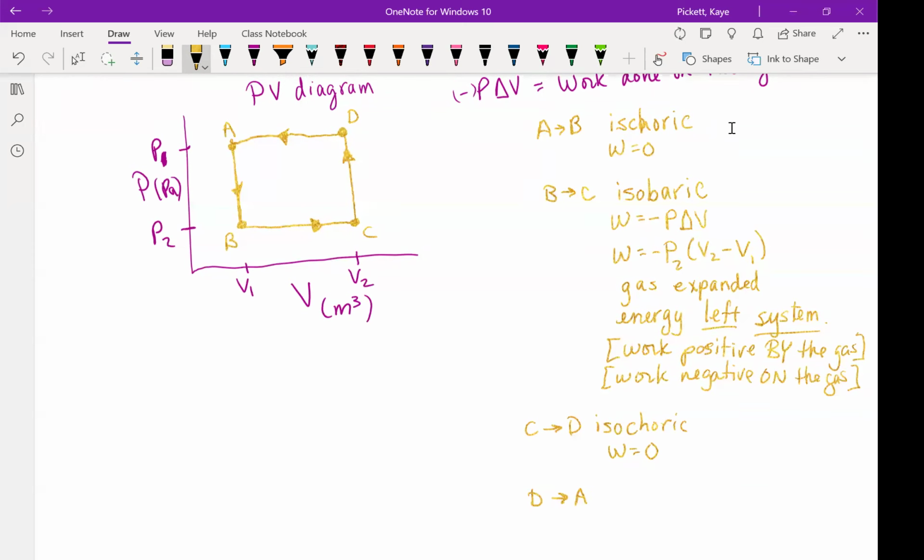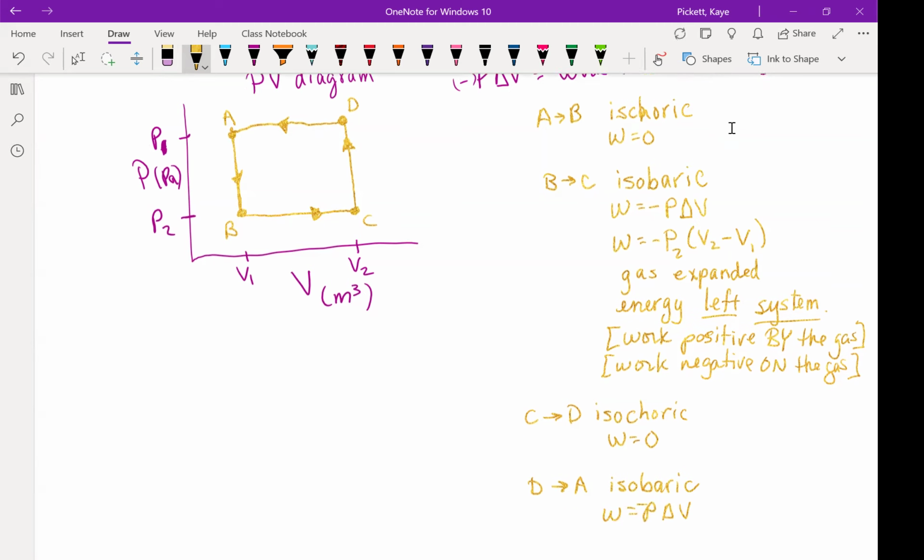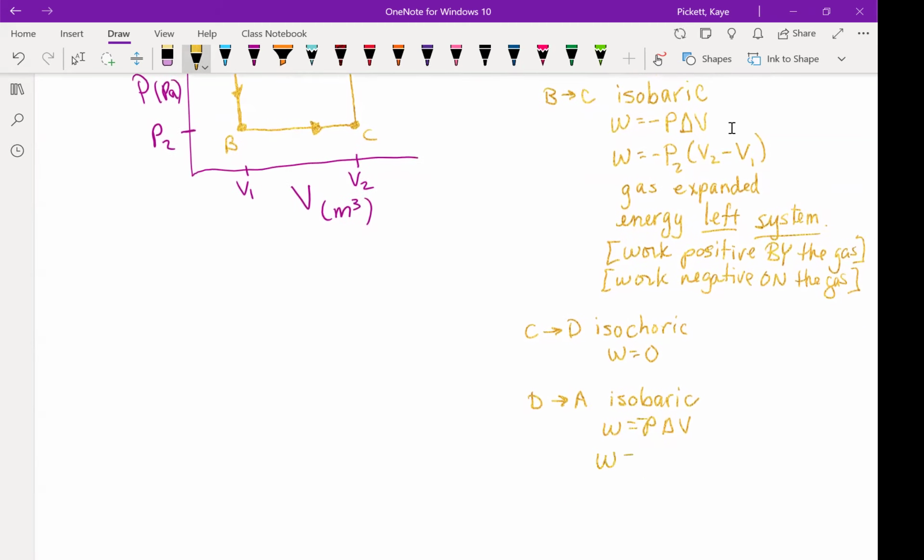That is another isobaric line, and so we know that the work is negative P delta V. In this case, my V final is less than my V initial, so work is going to be negative P1 times V1 minus V2.